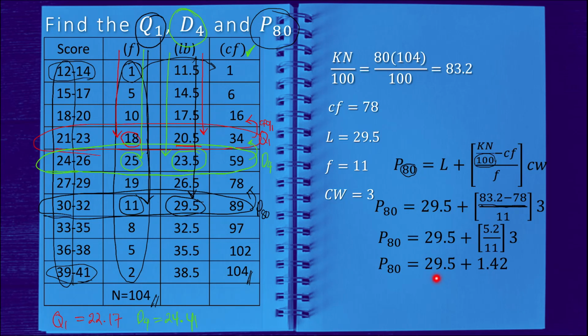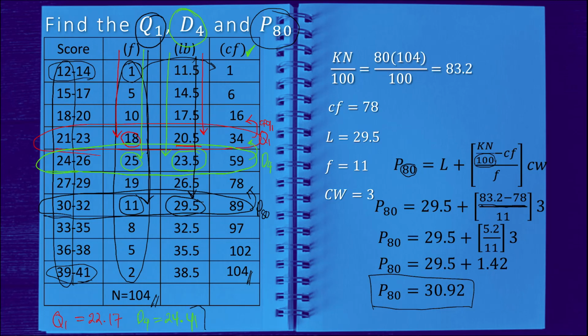And then, add na lang tayo. 29.5 plus 1.42, that is 30.92. The final answer is 30.92. Ayan po. That is the value for P sub 80.